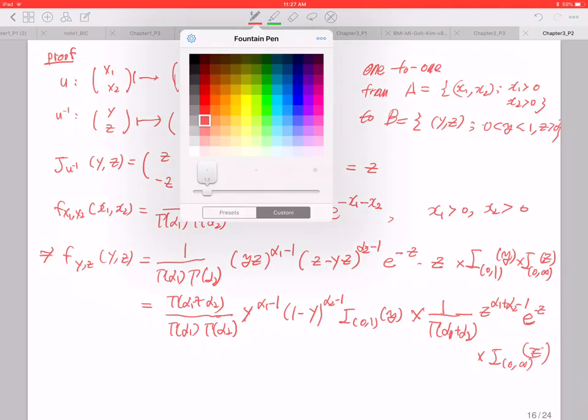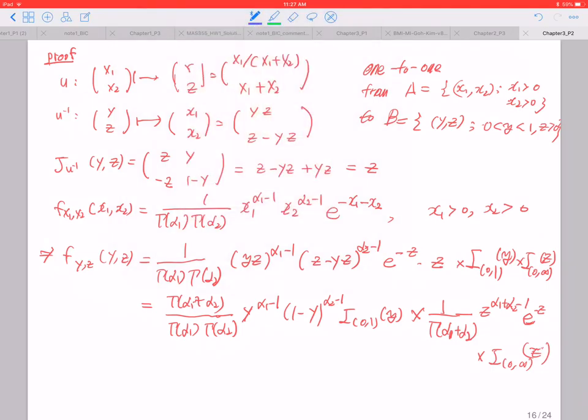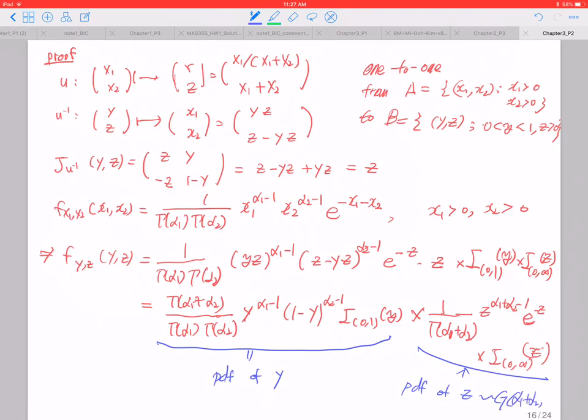Once you write it this way, you can recognize that this one is the PDF of y, and this one is the PDF of z, which is actually gamma with parameters alpha 1 plus alpha 2 and 1, right?